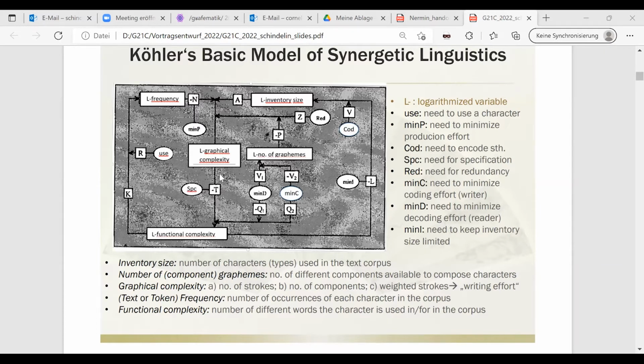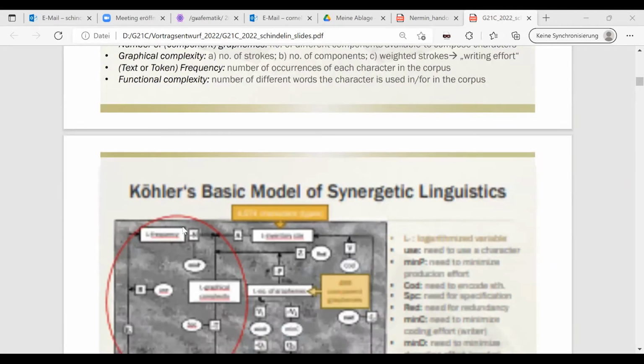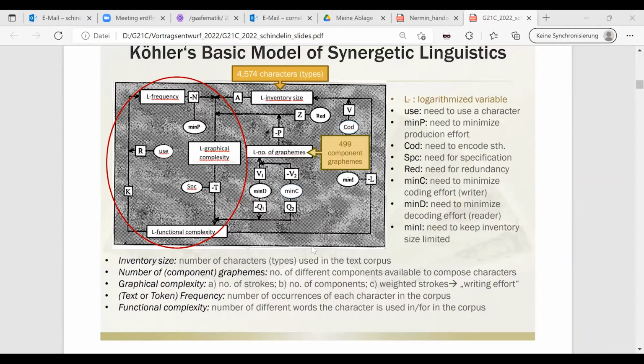One thing I could not get from the frequency dictionary is the number of individual texts a character would occur in. And at the end, functional complexity and frequency. So we will see this again. We know the number of characters and of component graphemes, for which I am indebted to Hartmut Bohn. And let's get going to see what is happening between these three rectangles.